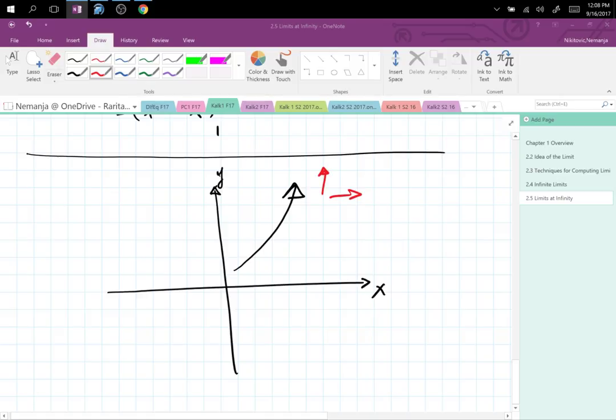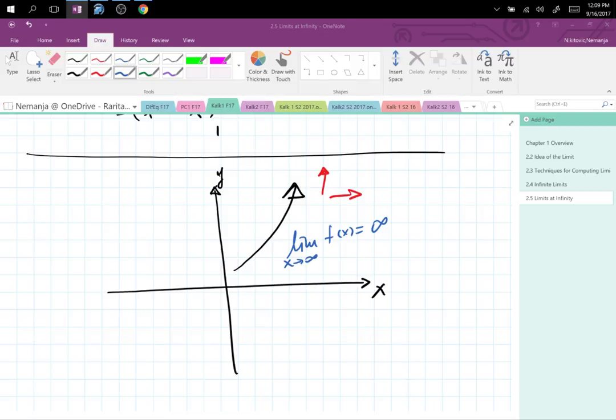So clearly, every problem that lives in this quadrant would be a problem where the limit of f of x as x goes to positive infinity is positive infinity. Because as x goes to positive infinity, the y shoots up to positive infinity.